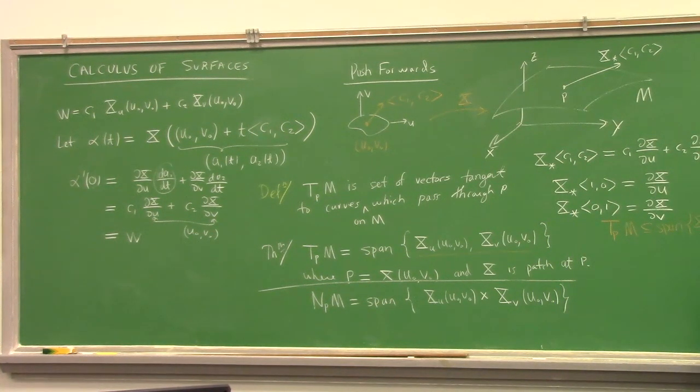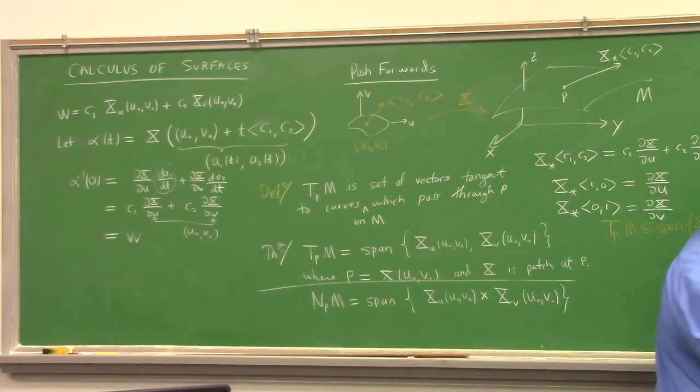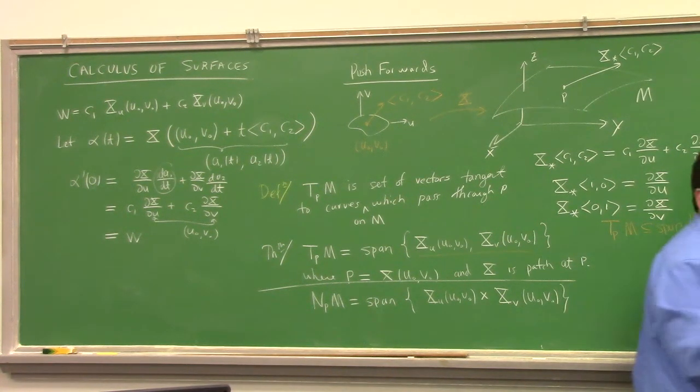I could do something like V of P equals to... Let f from M to R be a function, okay? So just for kicks, I want a function on the manifold.